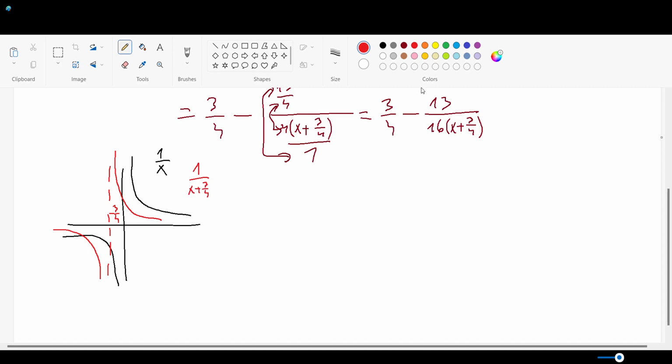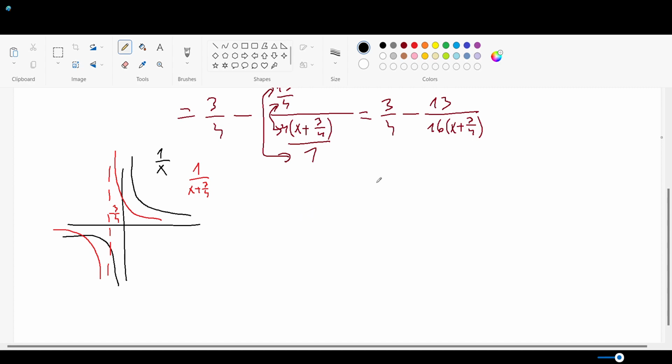What do we do? Again, we have to keep in mind this is a negative number, so these hyperbolas will be reflected over the x-axis and multiplied by 13/16, which will change our y values.